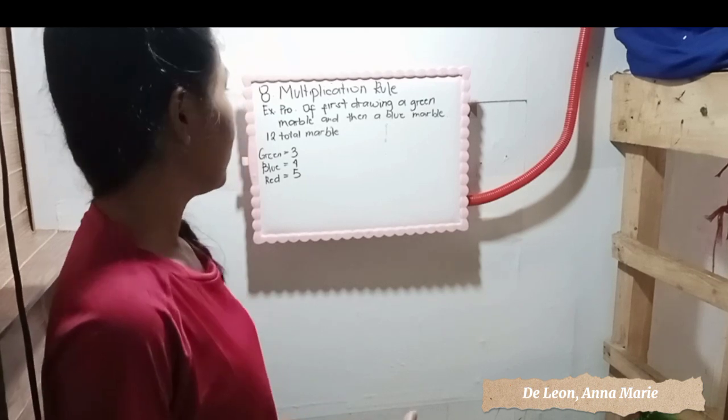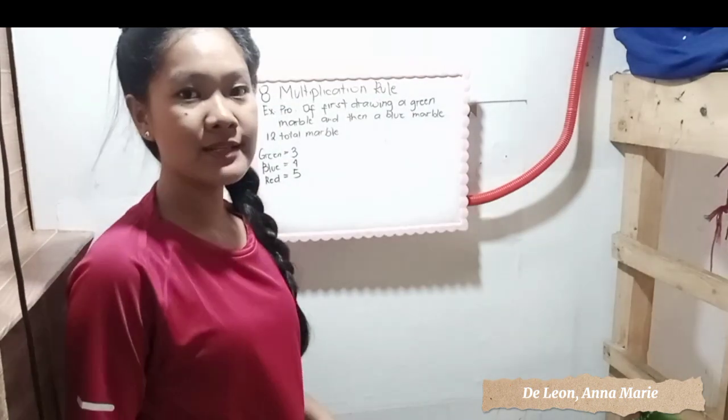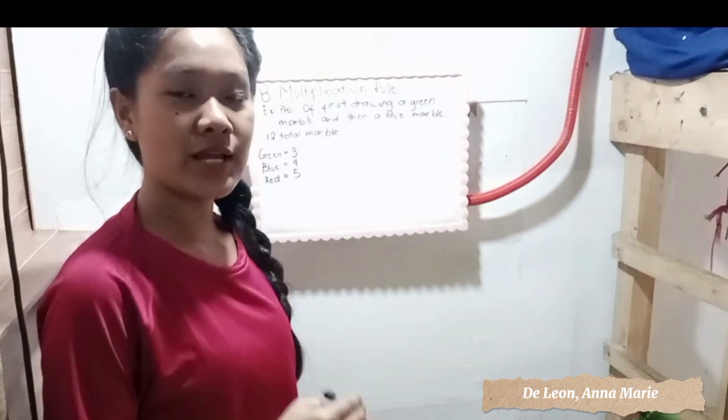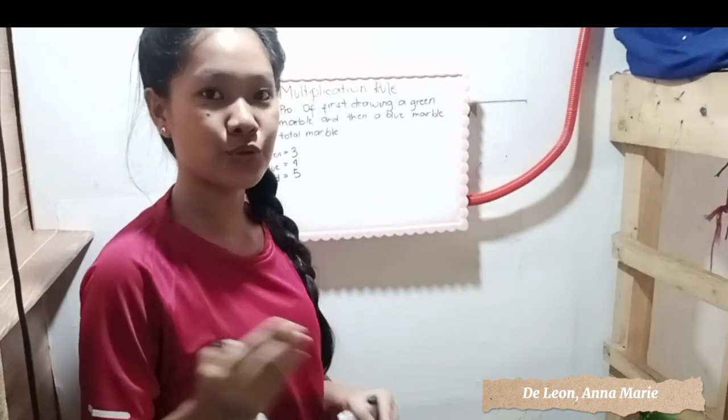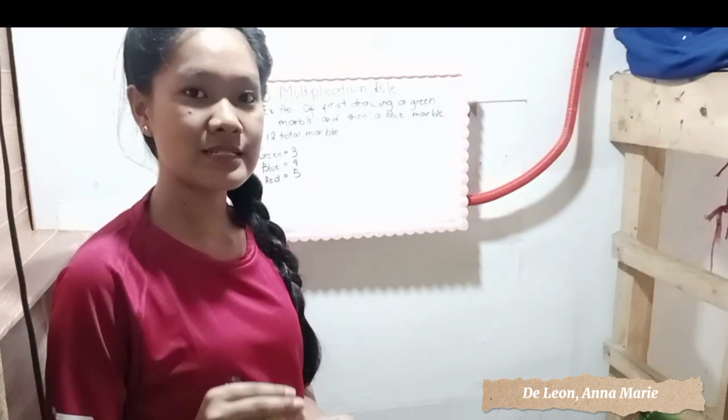In our eighth equation, we're going to focus on the multiplication rule, which applies when you want to find out the chances of the intersection of two events. That is, the chances of both events happening.